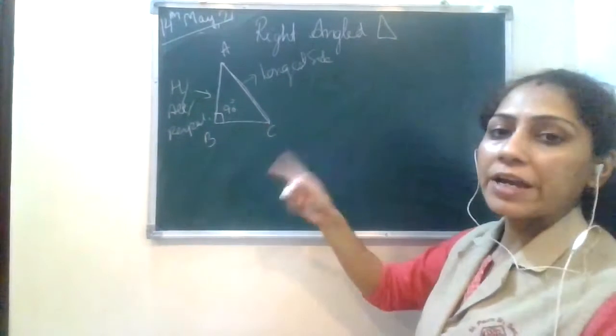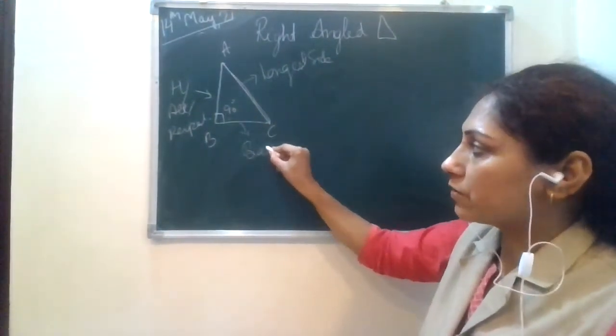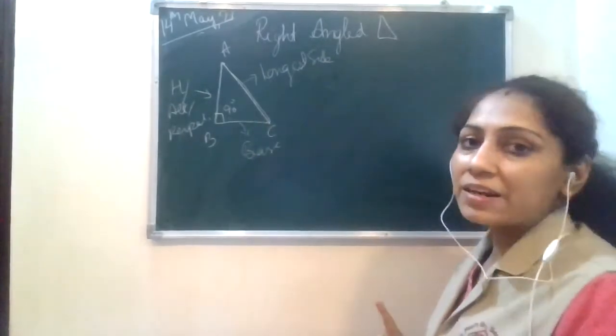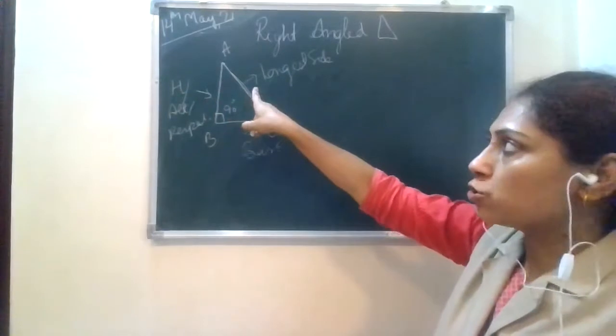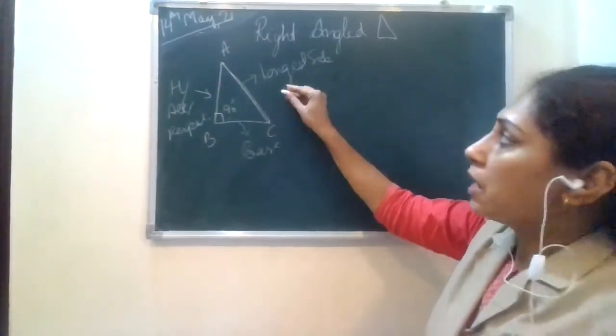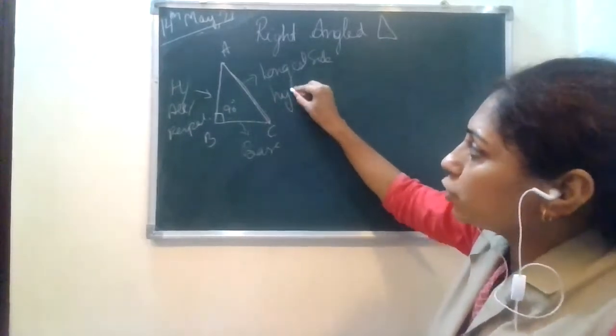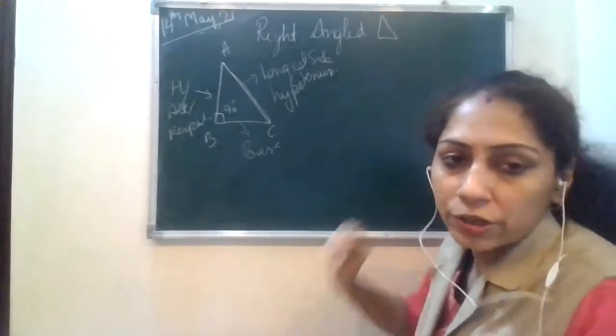So this can be your height, altitude, or perpendicular, and this is your base. Your base and height are less in length than this side. Okay, this is the hypotenuse. The longest side is also called the hypotenuse.